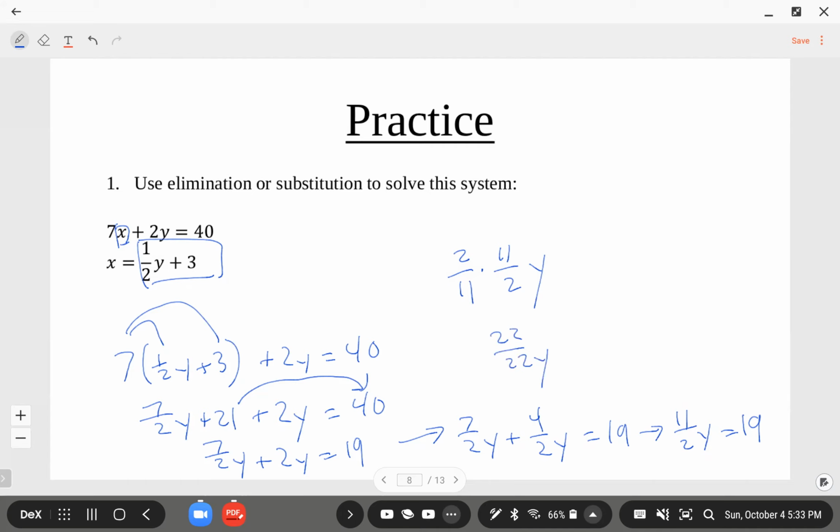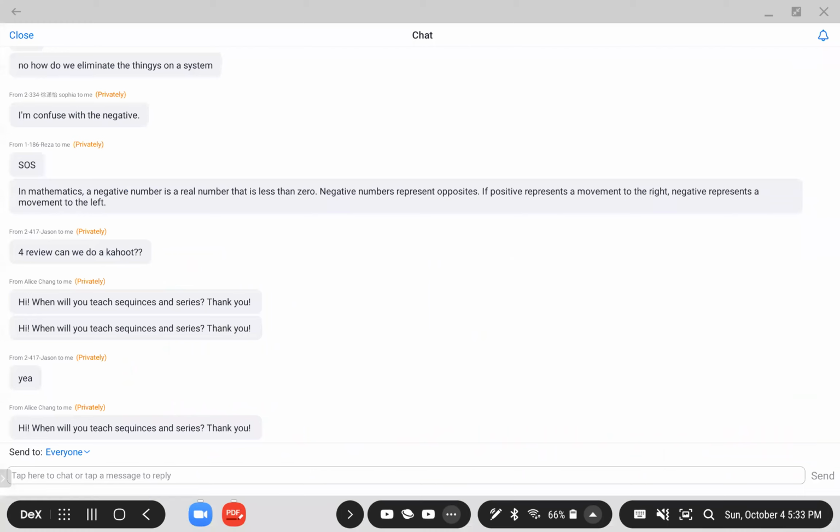Because it's just one y. So multiplying by 2 over 11, we get y equals 19 times 2 over 11. 19 times 2 over 11 is y equals 38 over 11.